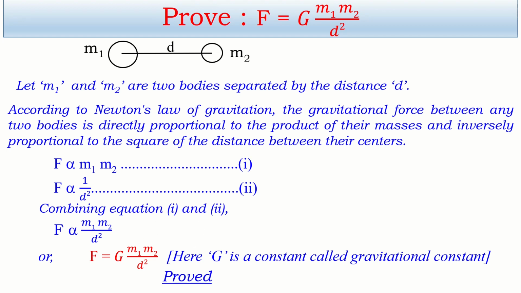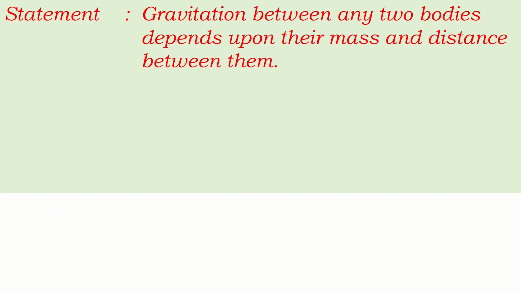After this long explanation, I want to present one question which will make you a little more clear about gravitation and its relation with mass and distance. Let's analyze this question and try to get the correct option. A statement is given: gravitation between any two bodies depends upon their mass and distance between them. Now think about this, I'll tell you later.